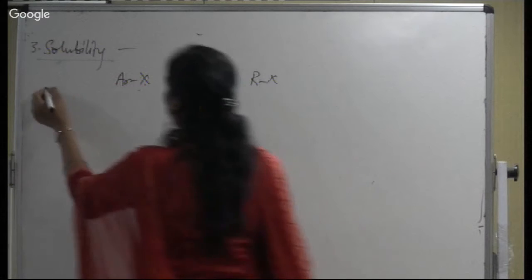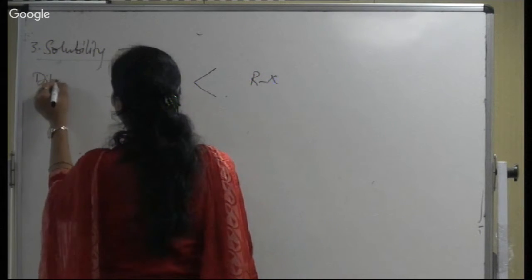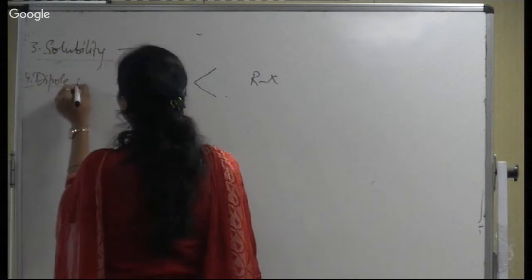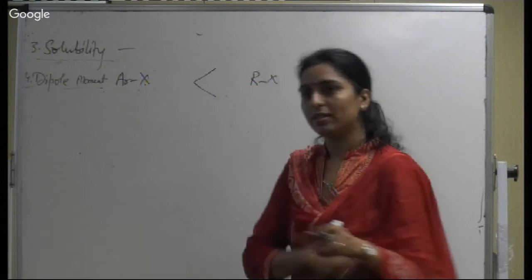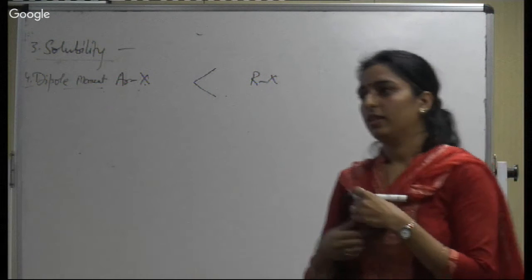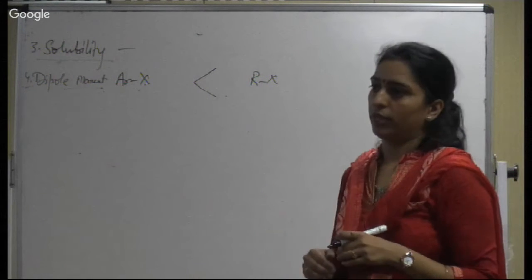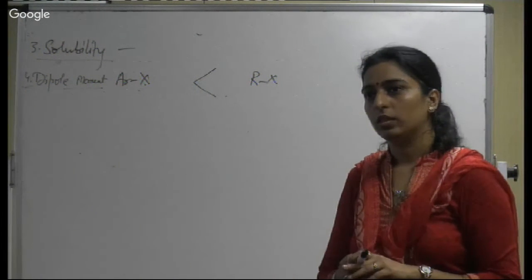Can you tell me why? Think about it. It's very simple, you can answer it. It has nothing to do with the solubility. Do you know what is dipole moment?